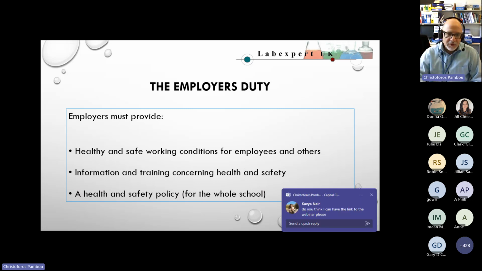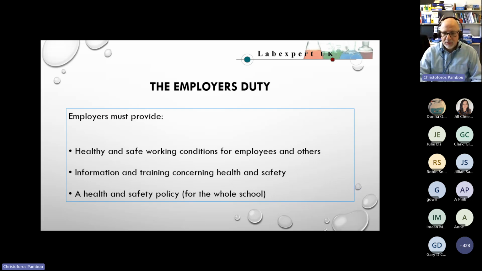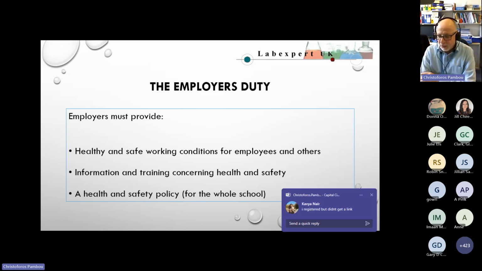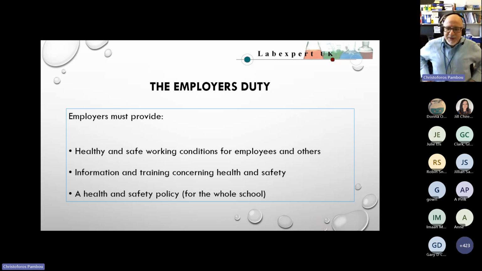Their duty is to provide healthy and safe working conditions for employees and others, information and training concerning health and safety, and a health and safety policy for the whole school. It'll be interesting to put in the Q&A how many of you have actually seen or are aware of your school's health and safety policy, and perhaps the science department's approved code of practice.